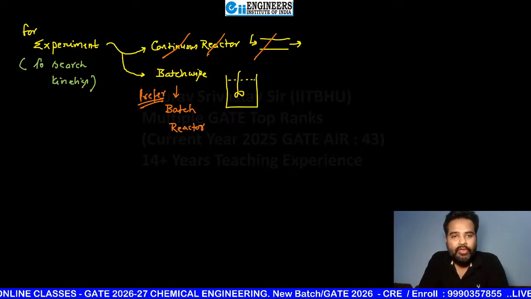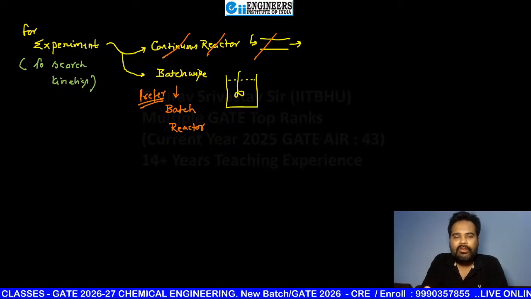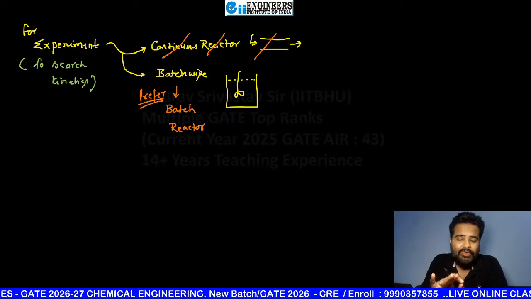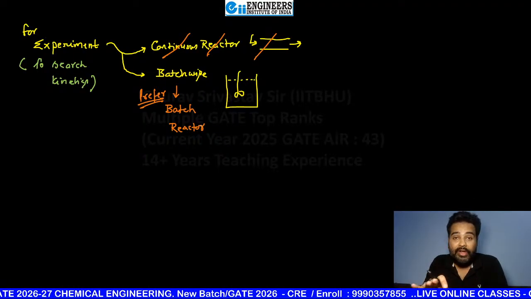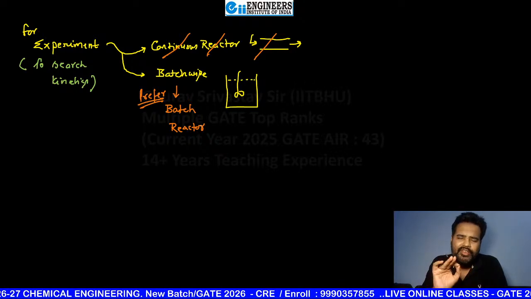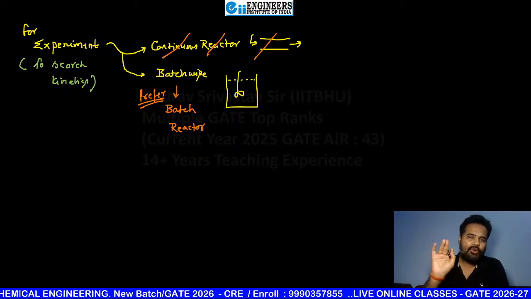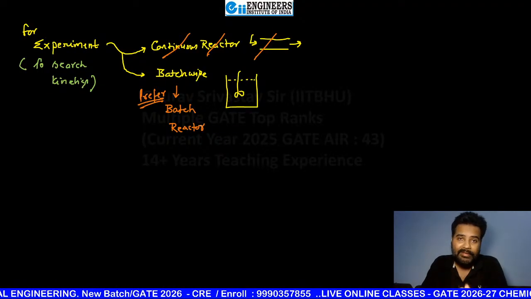Now, in our experiments, mostly what you are going to search for is the concentration dependent term. Already you have studied how reaction rate constants depend upon temperature with the help of three main theories: transition state theory, collision theory, and Arrhenius theory.